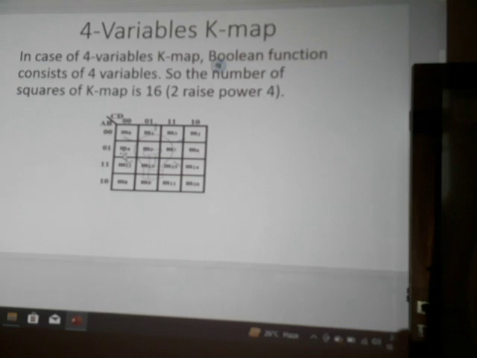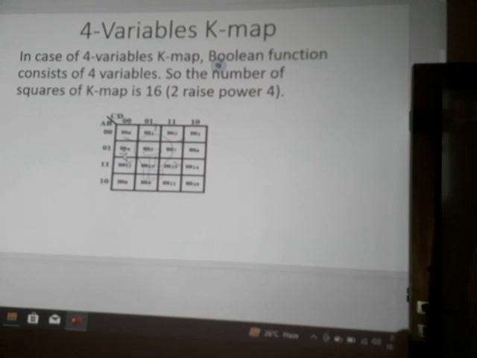For example, the first square has minterm M0, then M1, then M3, then M2, and in the second row the first square is M4, then M5, M7, M6.